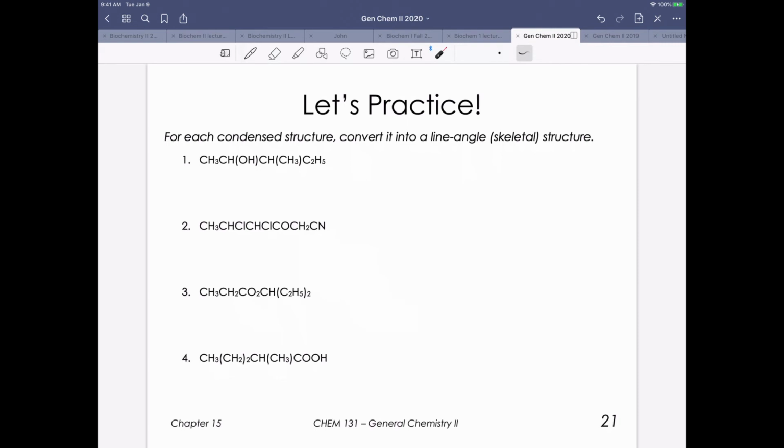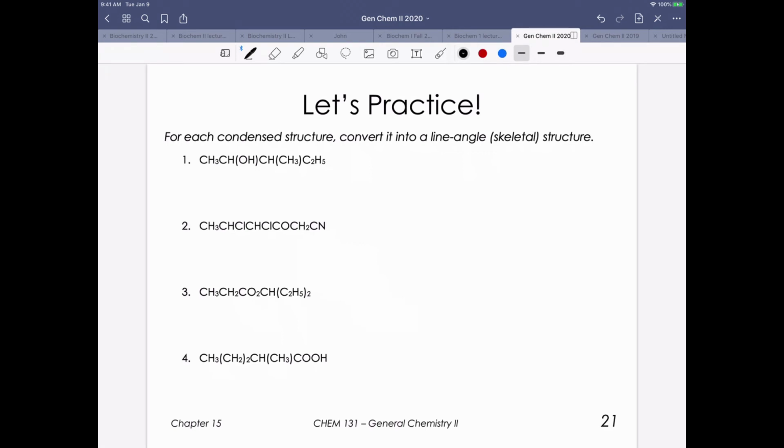But I encourage you to try these a little bit first on your own and see if you can work through them. The first skill is taking a condensed structure and making it into a skeletal structure. If you want to pause the video right now and try a couple of these on your own, go ahead, and then I will work through these.